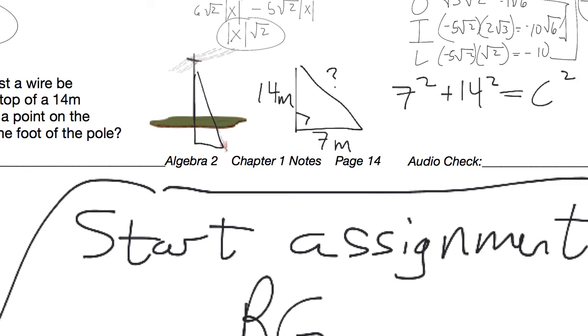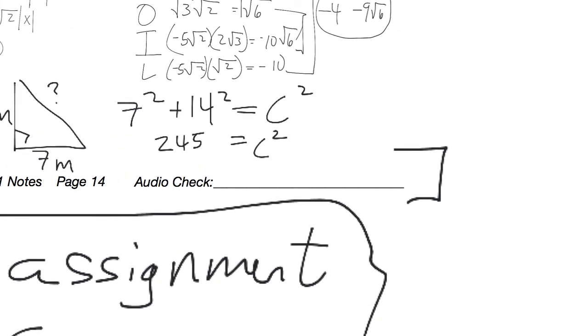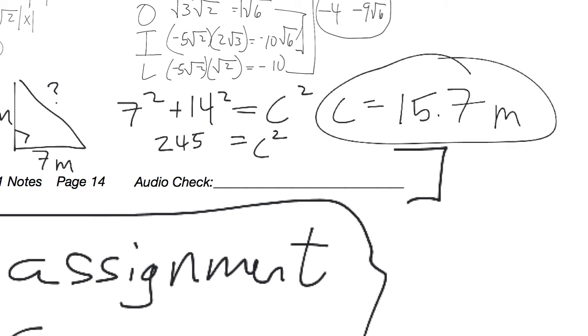If you multiply that out, 245 is equal to c squared. So taking the square root, we get c is equal to approximately 15.7 meters, more or less. That's the answer. I'll see you in class.